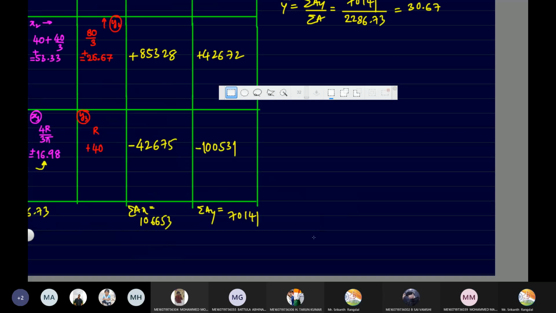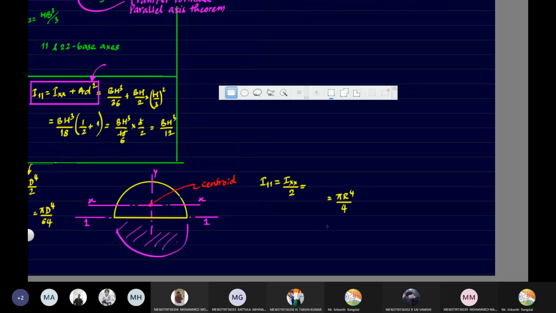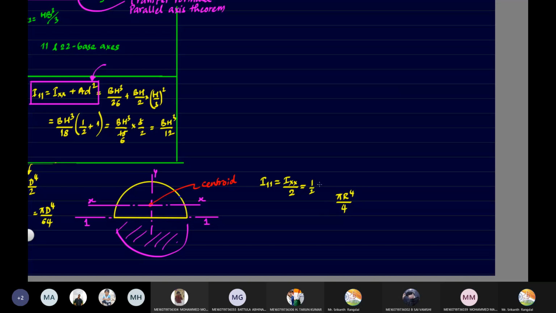So when we take half of this, it will be half of this value. What happens? Pi r power 4 by 8.